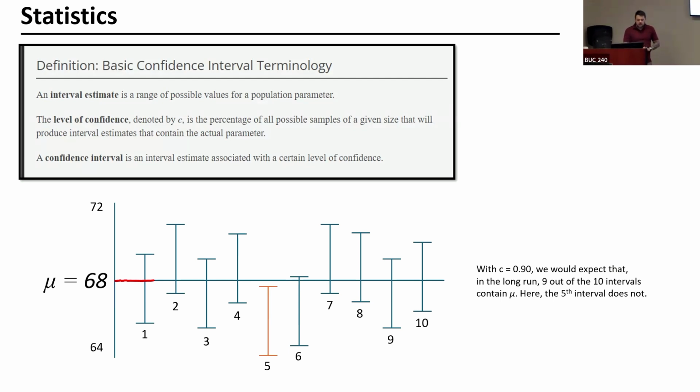Yeah, look, it's in there. And it is all the way until, look right there. At this sample, sample number 5, that interval did not contain the mean. But the rest did.